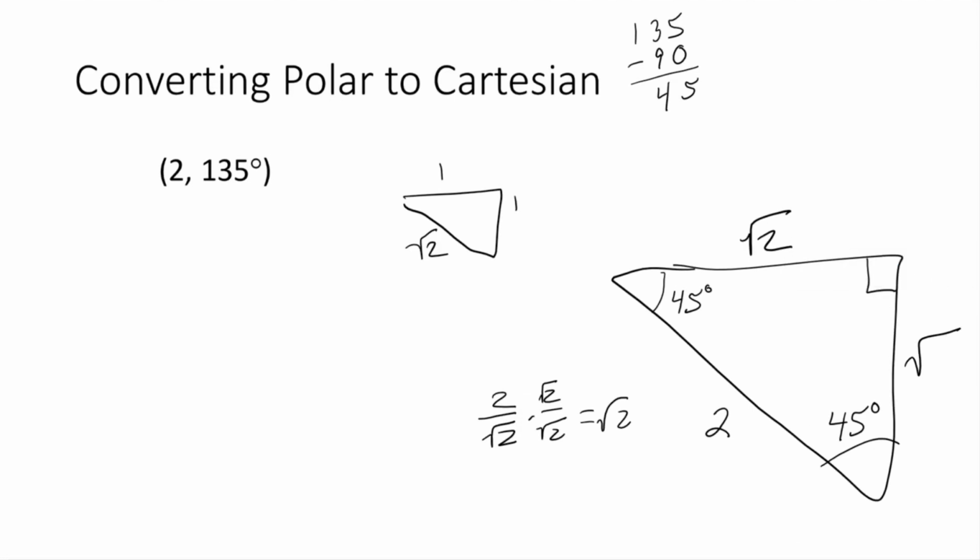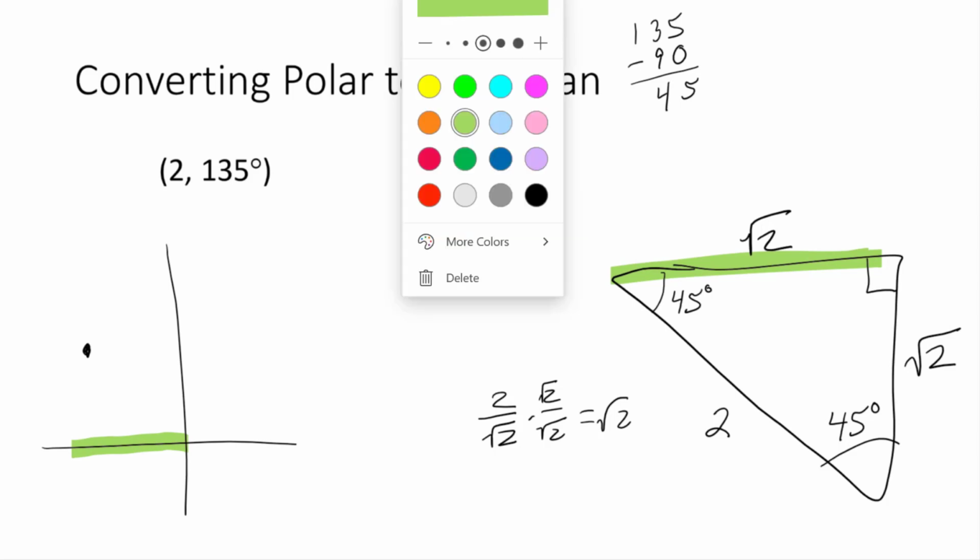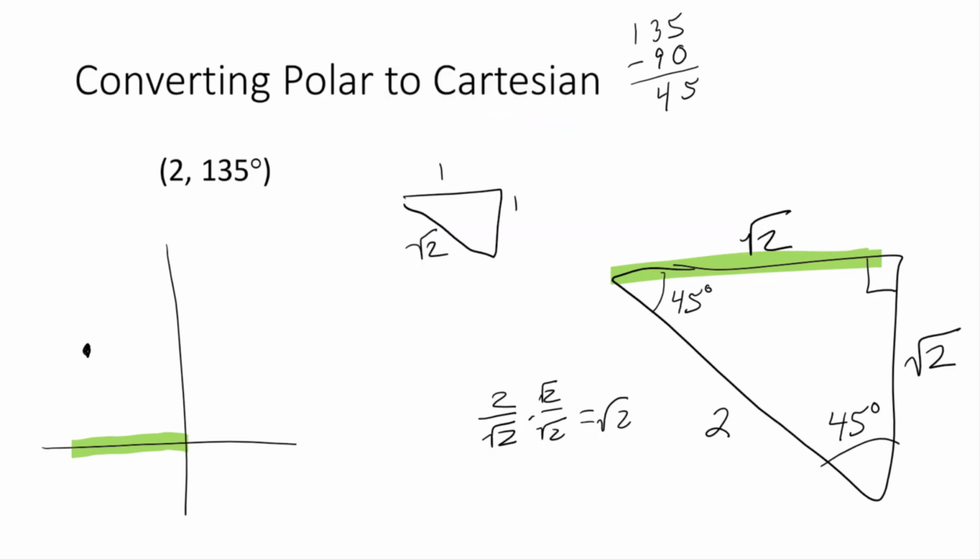So if you're cool with the idea that it's 2, square root of 2, square root of 2, I'm going to draw this a little bit better now. Remember, this point was right over here. The point is square root of 2 over, and square root of 2 up. Technically we had it up on that side, but it doesn't matter, because it's just a square.